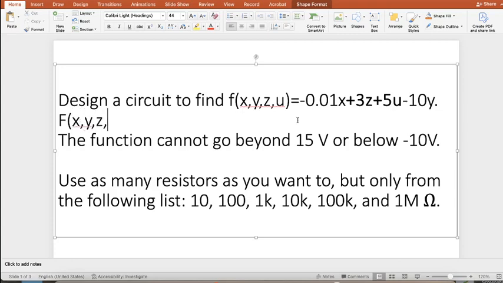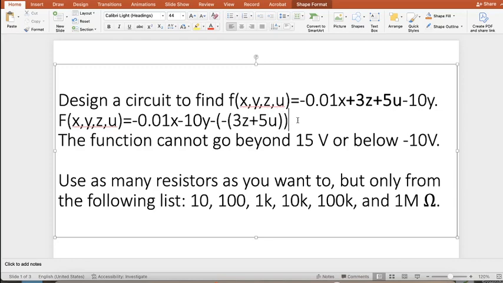y z u. Here it's written in a summing amplifier way. It's minus 0.01x and minus 10y. These two go inside the last op amp, and then minus 3z plus 5u.